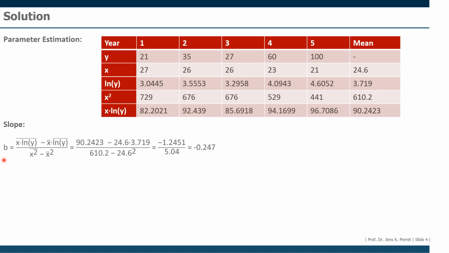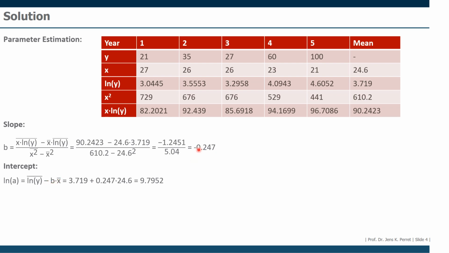But now I also need to calculate the intercept for my linear regression, thereby getting my parameter a for my log-linear model. For the intercept part, I'm taking the average of ln of y, 3.719, minus b times the average of x.